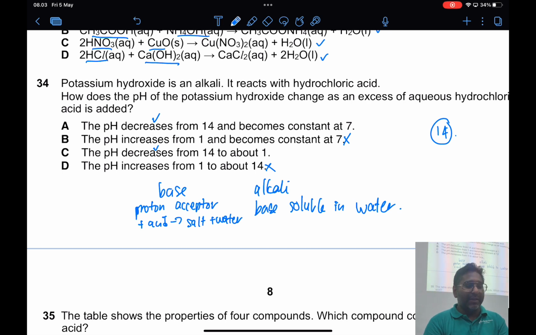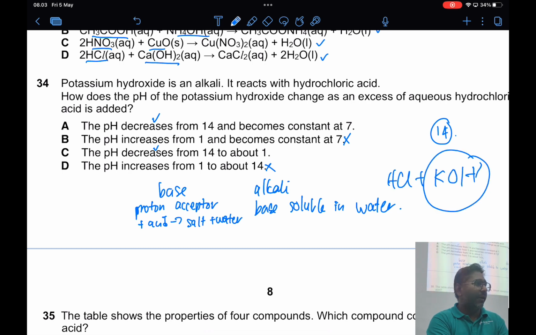Now, is it going to decrease from 14 and become constant at 7, or decrease from 14 and go to 1? Which one will be the answer? Alvina, you are adding HCl to potassium hydroxide, which is already 14.